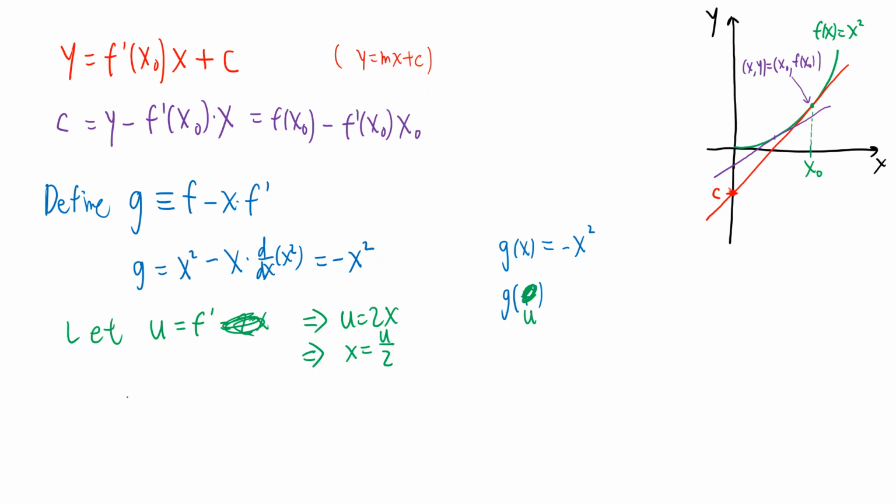So g is minus x squared, which is minus u divided by 2 squared. So that is just minus u squared divided by 4. So g of u is minus u squared divided by 4.